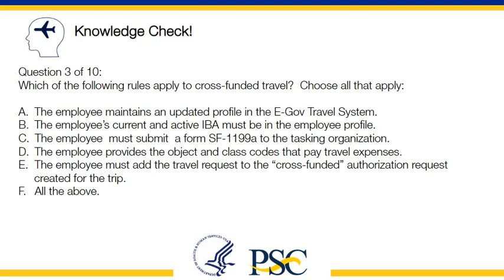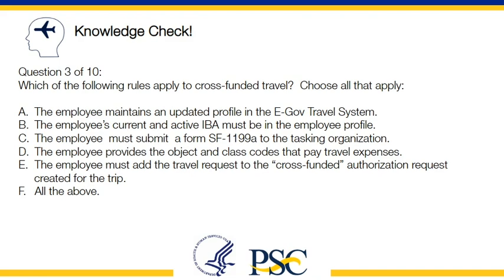Which of the following rules apply to cross-funded travel? Choose all that apply. A. The employee maintains an updated profile in the eGov travel system. B. The employee's current and active IBA must be in the employee profile. C. The employee must submit a Form SF-1199A to the tasking organization.